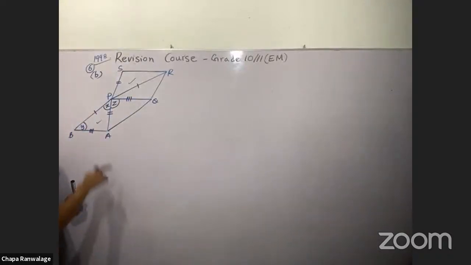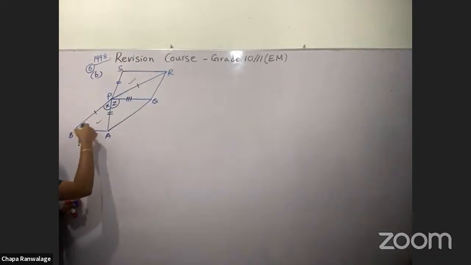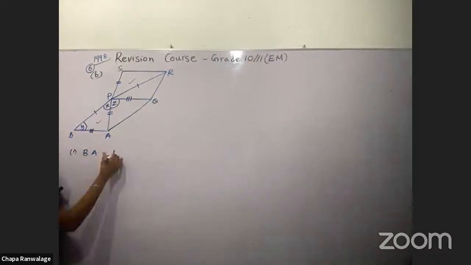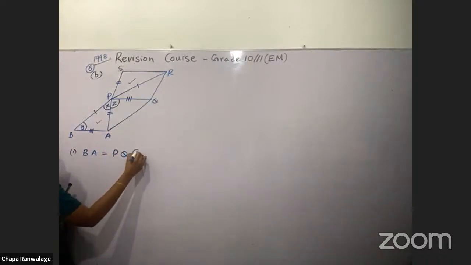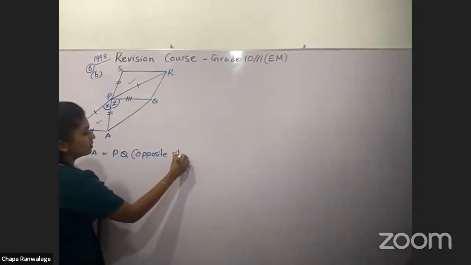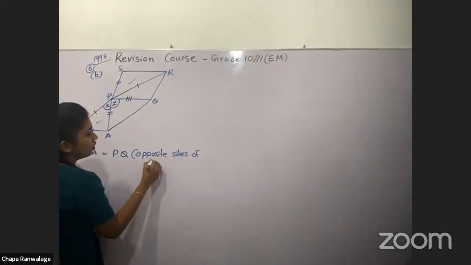Why? In this question, they have given us that this one is a parallelogram. Correct? So you can say BA equals PQ, opposite sides of a parallelogram.